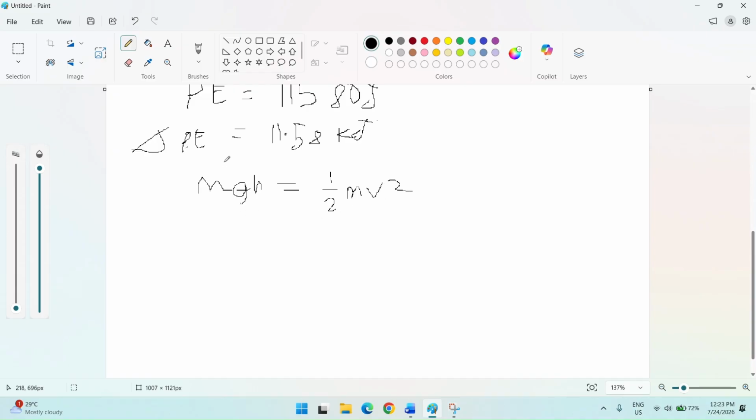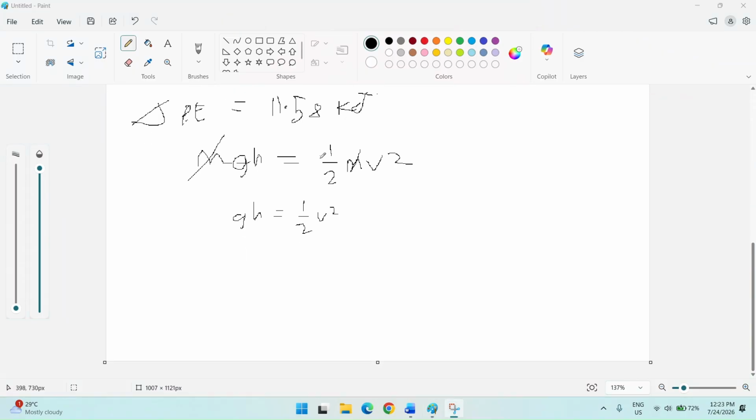So the masses will cancel out. We will be left with gh equals 1 half v squared. So we were asked to find the velocity, so we will derive from this formula. We will get v equals square root of 2gh.